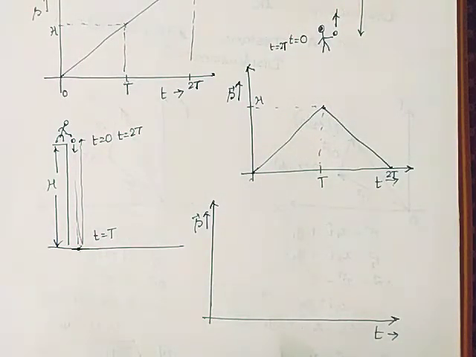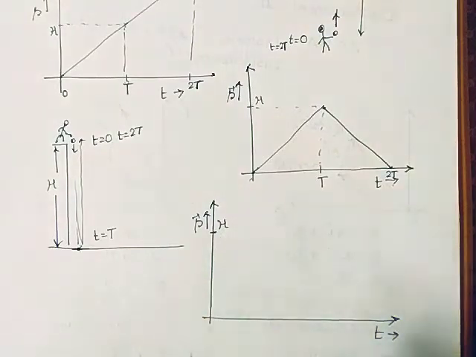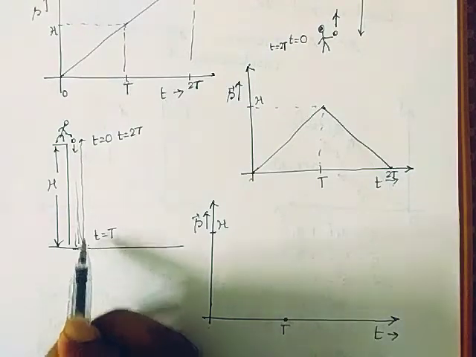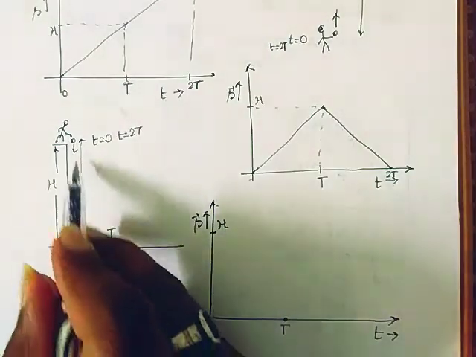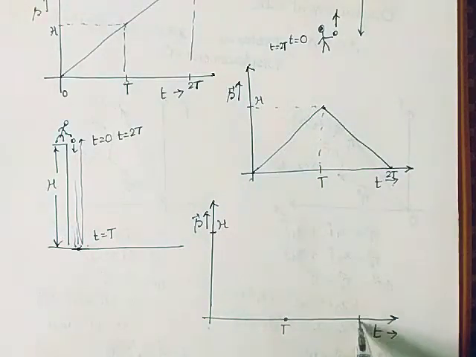So when t equal to 0, the ball is at a height H. When t equal to T, the ball reaches the ground, and when t equal to 2T, it again goes up and reaches the same height.